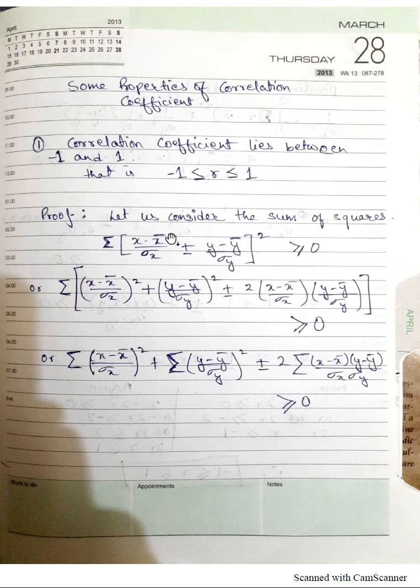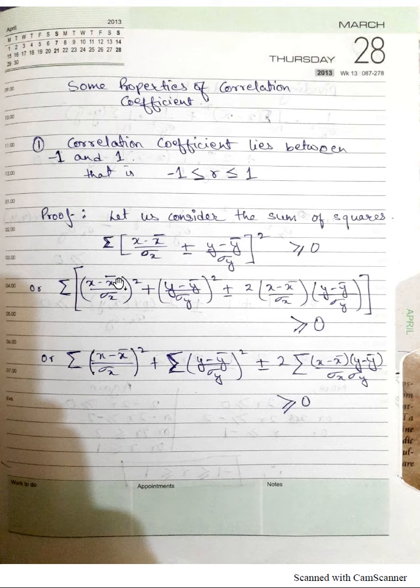When we expand this, it becomes a square plus b square plus minus 2ab. So a square plus b square plus 2ab will hold when we take the positive sign here, and a square plus b square minus 2ab will hold when we take the negative sign here.